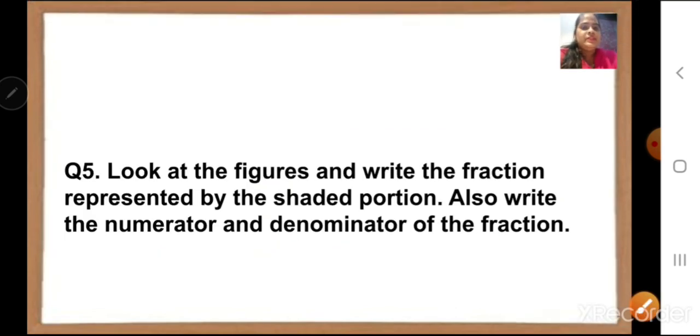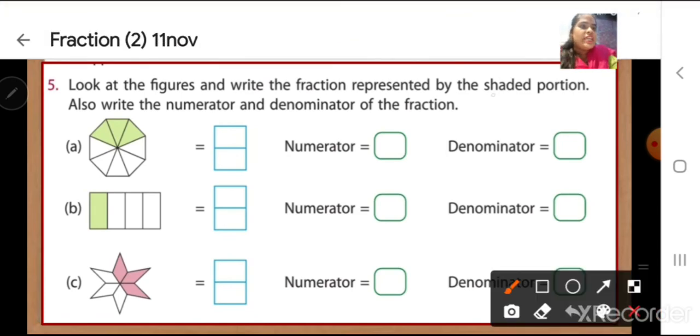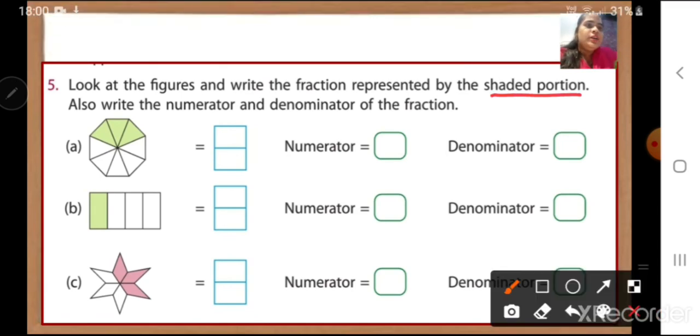Question number 5 is look at the figures and write the fraction represented by the shaded portion. Also write the numerator and denominator of the fraction. Now A1, look at the figure, children. First we have to write the fraction of the shaded portion, then the numerator and the denominator.